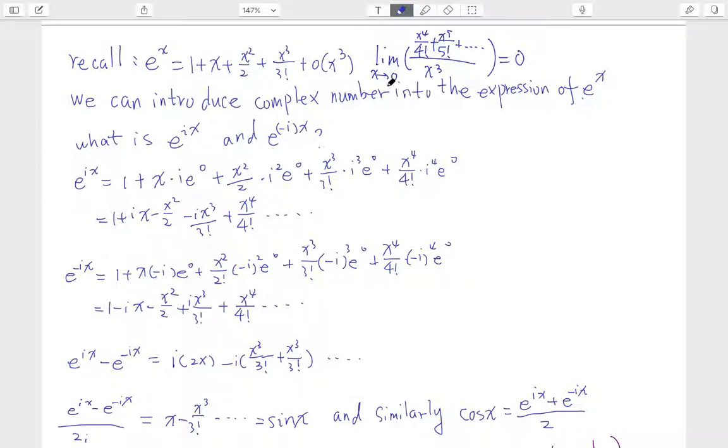Since x tends to 0, every term in this expression tends to 0 as well. So basically, this is what this little o notation tells you.